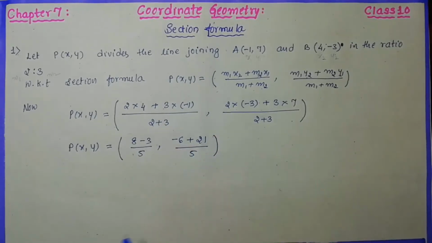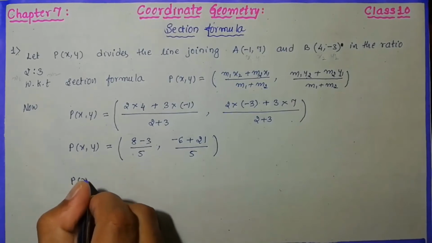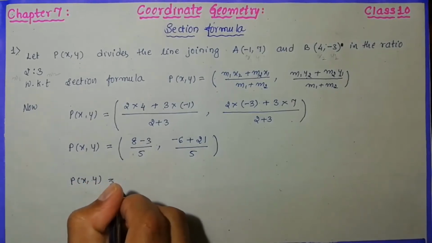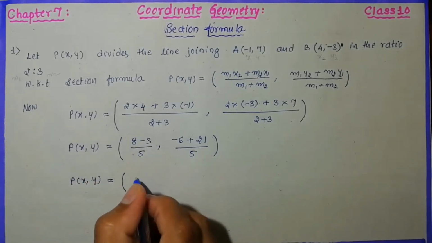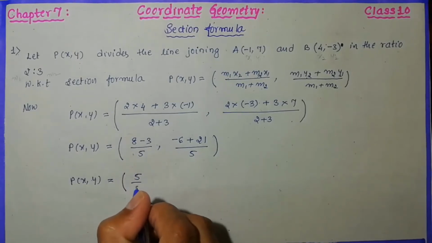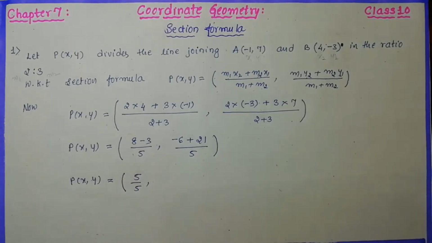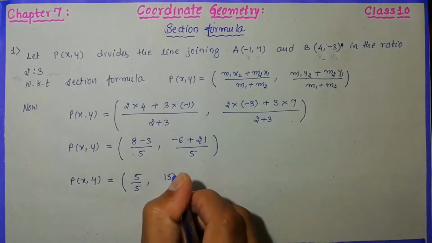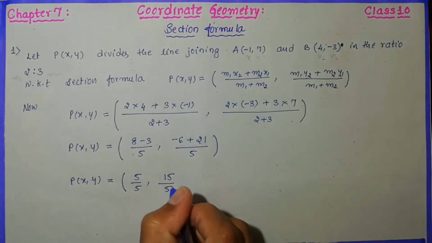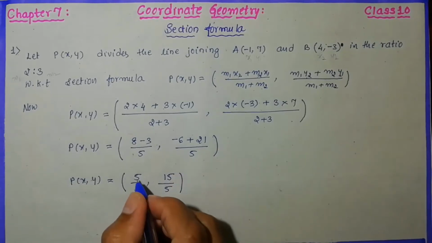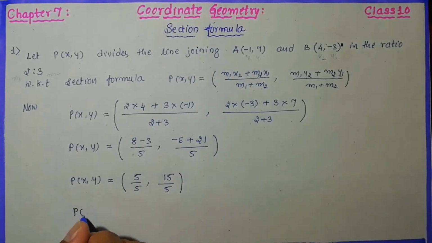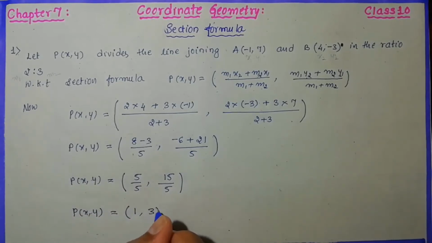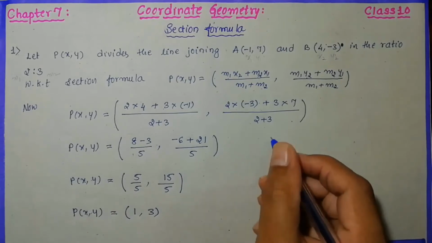So P(x, y) is equal to 8 minus 3, which is 5, divided by 5, and then minus 6 plus 21, so what is remaining? You get 15 divided by 5. Now you can divide by the denominator. It goes once, and here it goes 3 times.